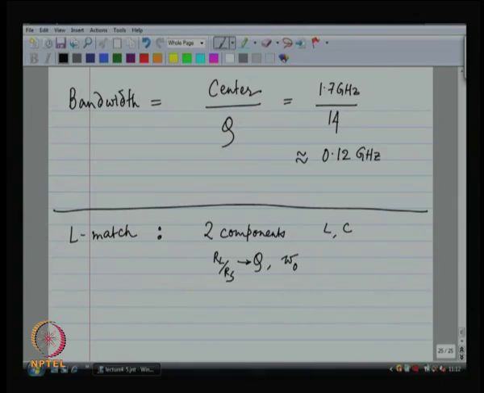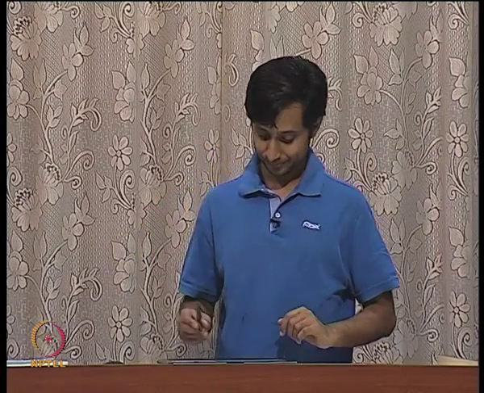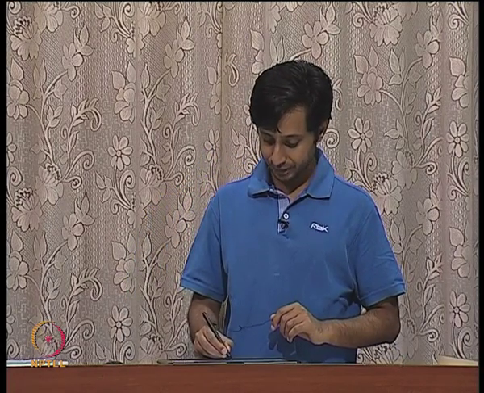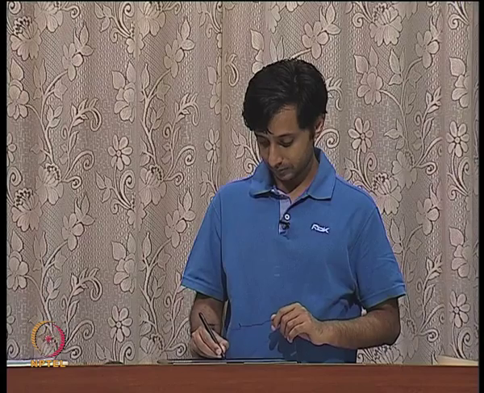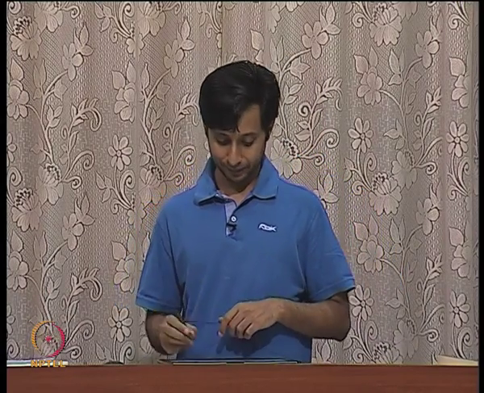Well, the way I described it, the solution is simple. I need a matching network which has 3 degrees of freedom, which means there needs to be 3 components, not 2. So, if I have 3 components, then I will have 3 degrees of freedom.